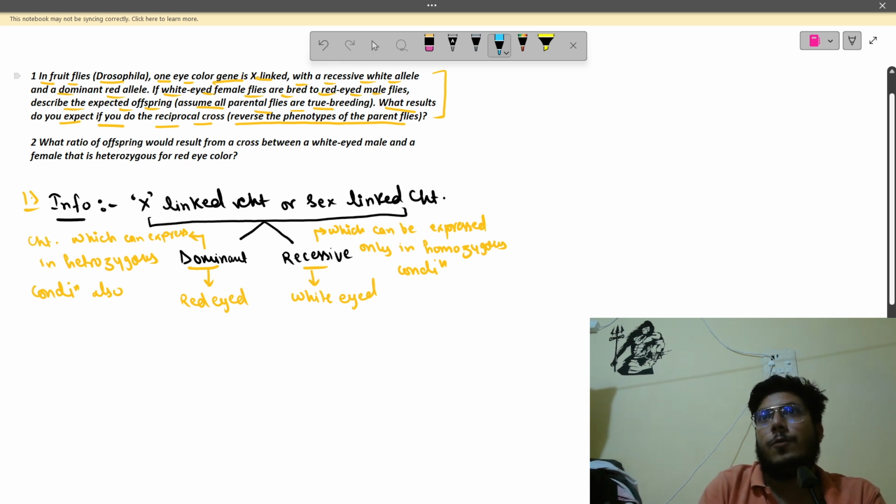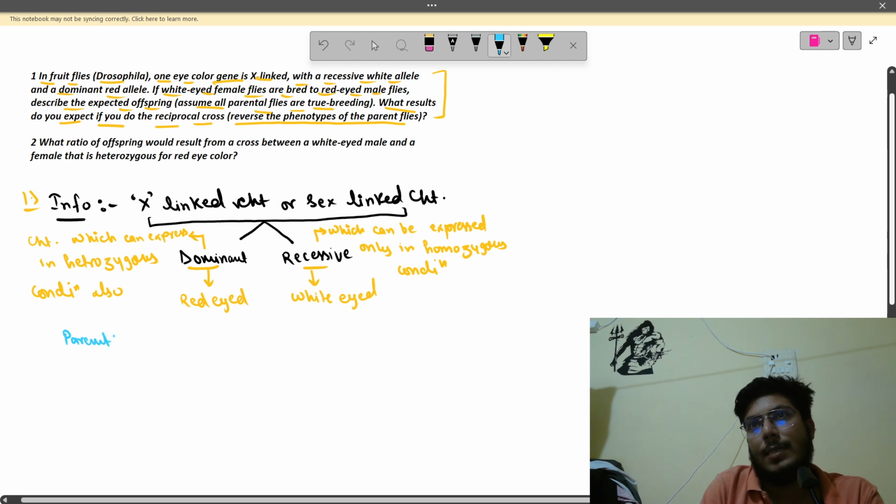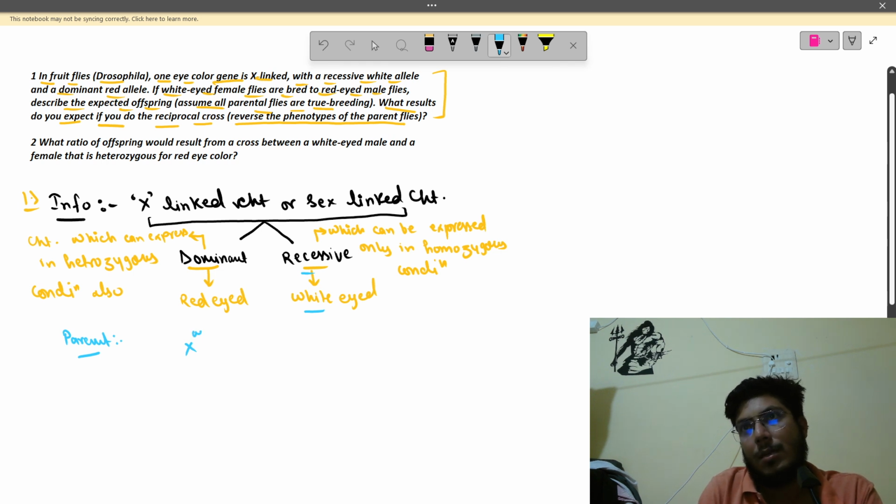As per the question, what information do we have of the parents? We have a white-eyed female. White-eyed is a recessive character, so the female will be in a homozygous condition, XW XW.